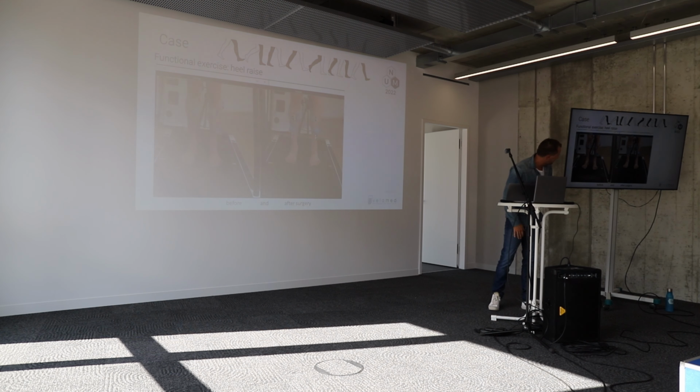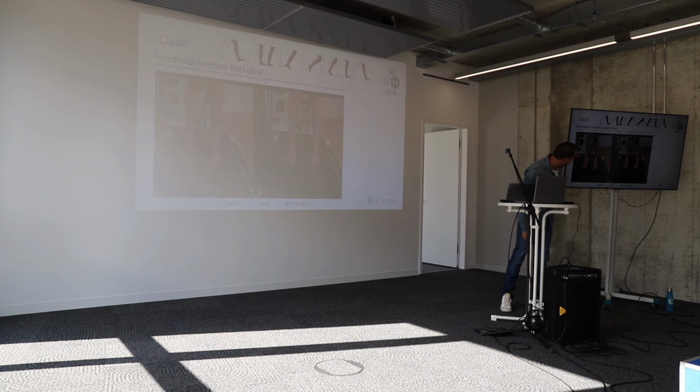Now you have to look here at that screen. That is the heel raise test, and that is pretty amazing concerning the reaction of the toes. You see at the right side, the toes have a total fully contact to the floor. At the right side, no, at the left side, sorry. The left side is the not operated side, and the right one is the operated side.